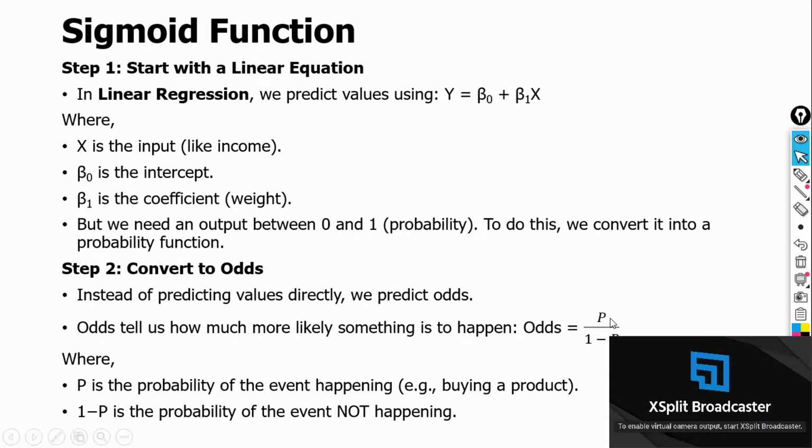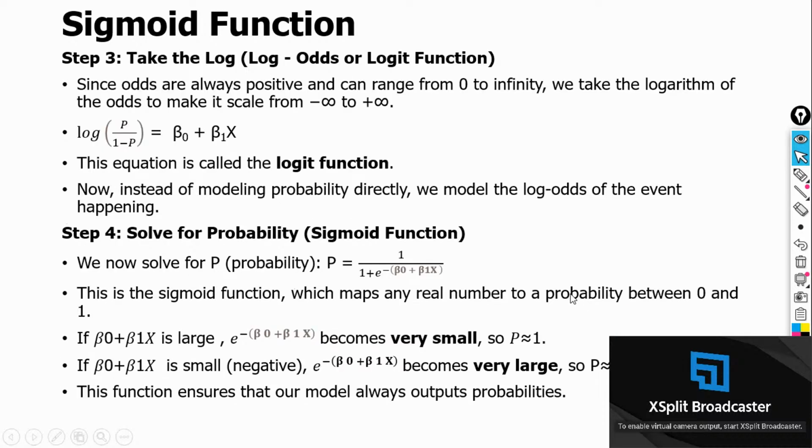P is the probability of the event happening, and 1 minus p is the probability of the event not happening. So this will be calculated, and we take the log of odds. The log of odds is nothing but the logit function, and finally we have the equation of the sigmoid function.